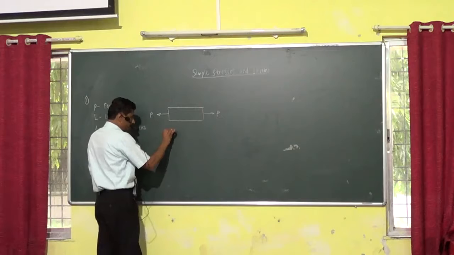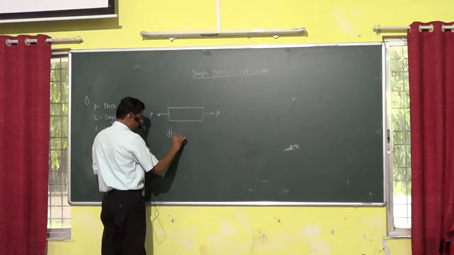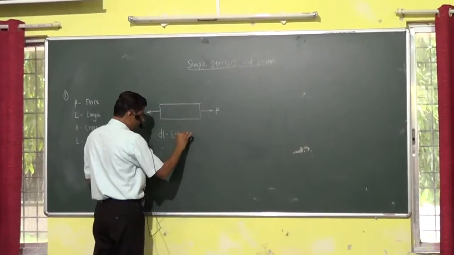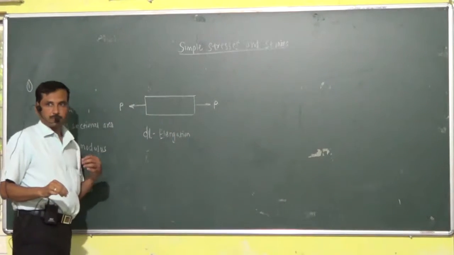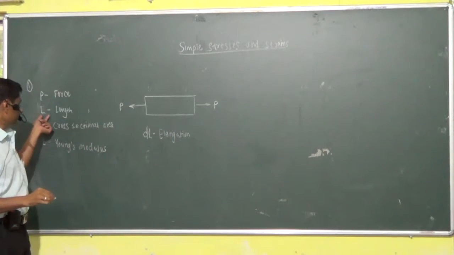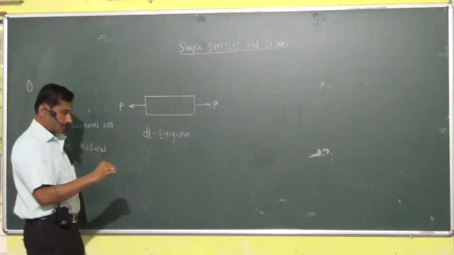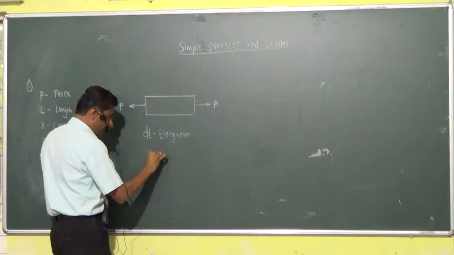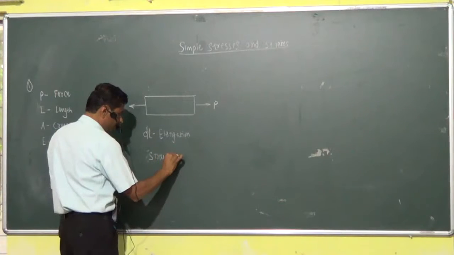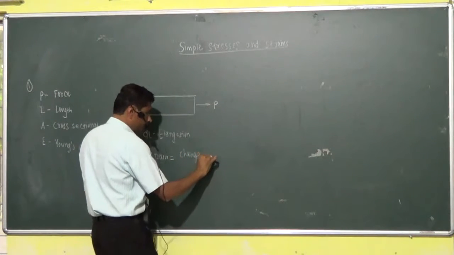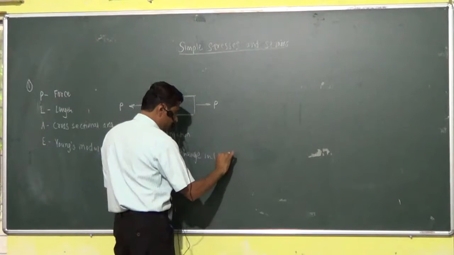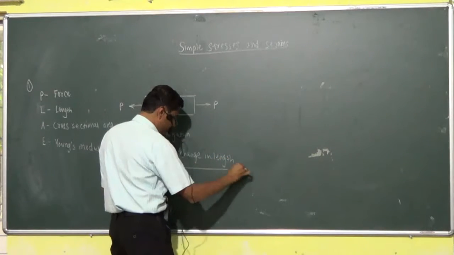If dl is the elongation, then with its original length L, with that relation we are calculating strain is equal to change in length upon original length.